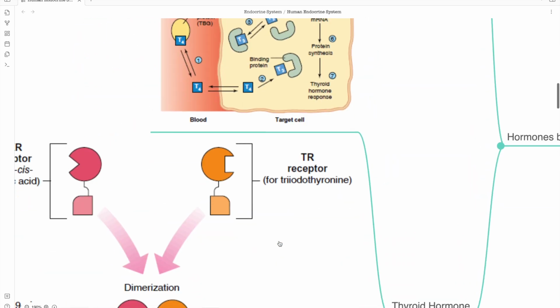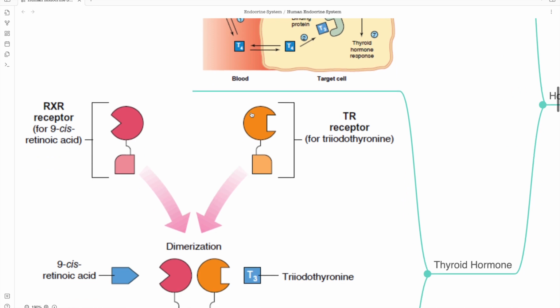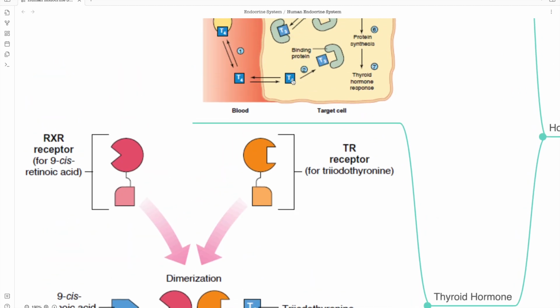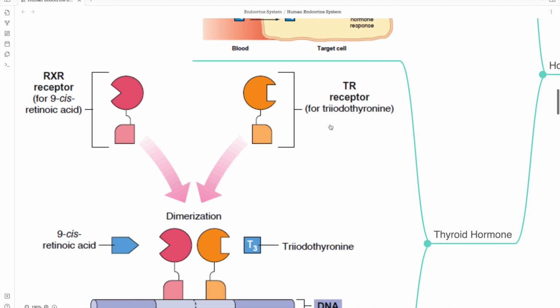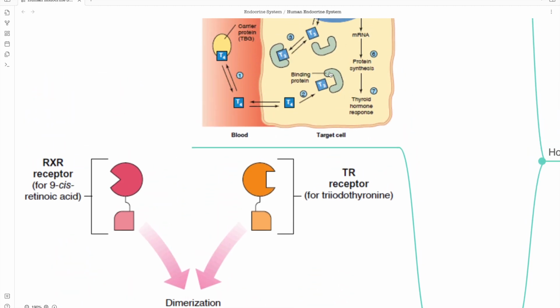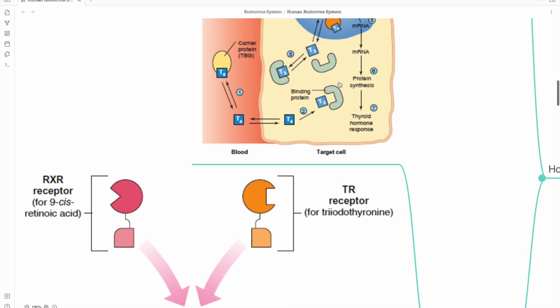But in case of thyroid hormone, we have to say that there is a change in the hormone itself in the target cell cytoplasm. So T4 gets converted into T3. There is one binding protein involved. In case of steroid hormone there is no binding protein, but in case of thyroid hormone there is a binding protein involved within the target cell.